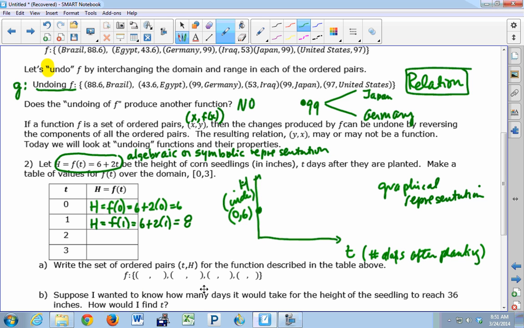And now we have 8 inches, so we have the domain 0, 1, 2, 3, and now we're up 8 inches, 1, 8. Now, is there a way to quickly go to 2 and 3 without going through the whole formula, Tyler?